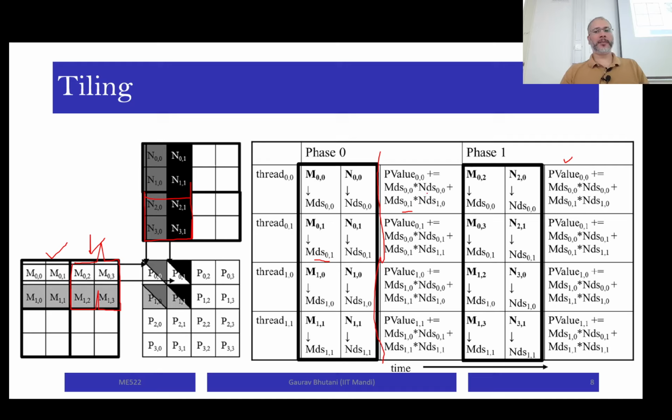Similarly, thread number 01 requires MDS 00, which is being copied by thread 00. So they are collaborating with each other. What one thread needs is being copied to the shared memory by some other thread.